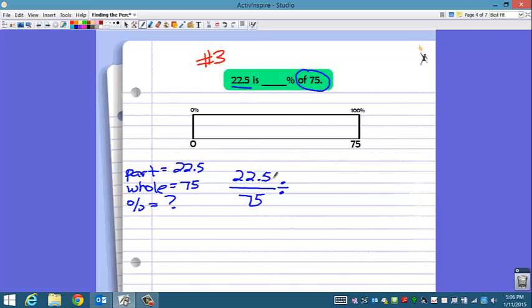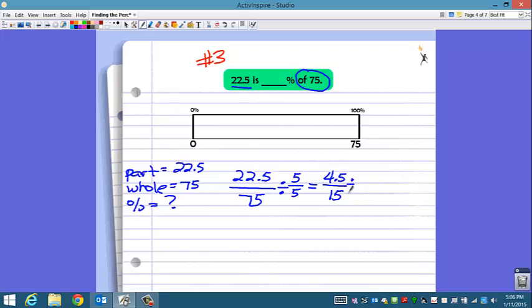Use your divisibility rules. Both of these numbers end in a 5, so I know I can divide by 5. We know how to divide a decimal number. When we divide by 5 here, we get 4 5/10, and we get 15 in the denominator. I can still continue dividing.